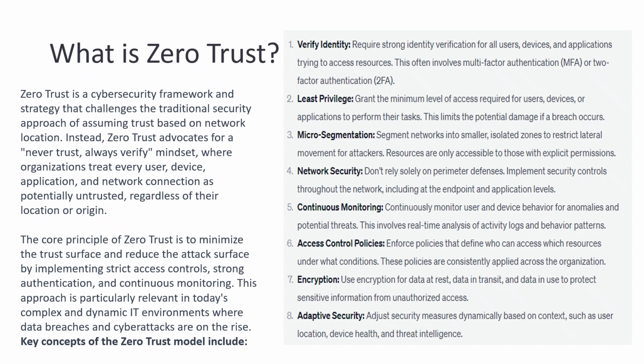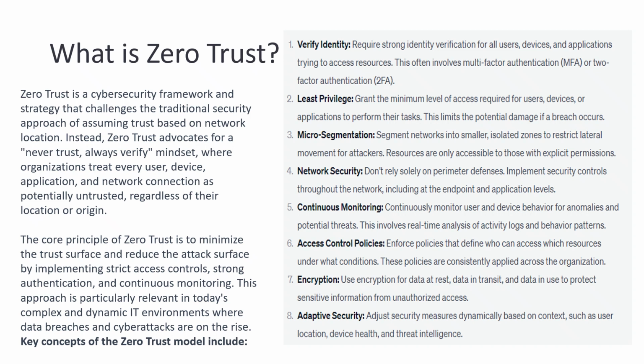This approach is particularly relevant in today's complex and dynamic IT environments where data breaches and cyber attacks are on the rise. The key concepts of the zero trust model include: one, verify identity; two, least privilege; three, micro-segmentation; four, network security; five, continuous monitoring; six, access control policies; seven, encryption; and eight, adaptive security.